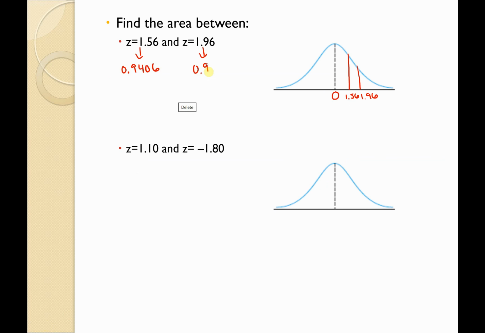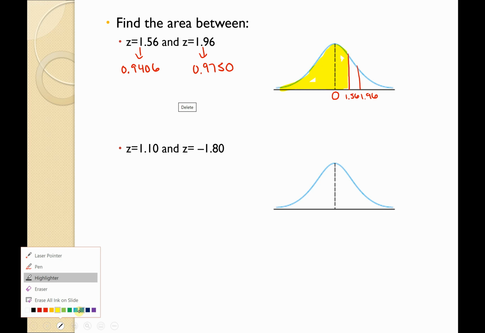Keeping in mind, we never round these values. They've already been rounded. So z equals 0.9406. That is everything to the left of z equals 1.56. That's everything to the left.